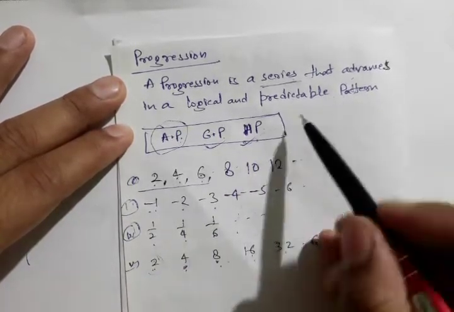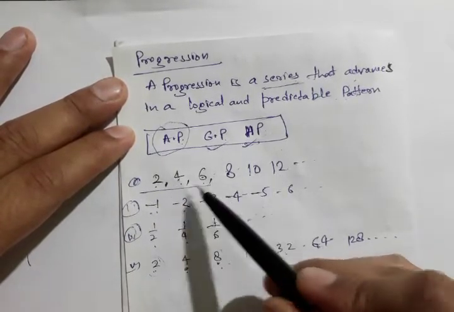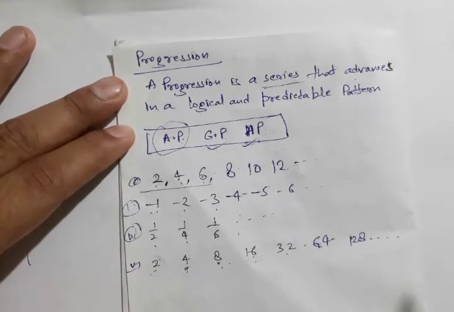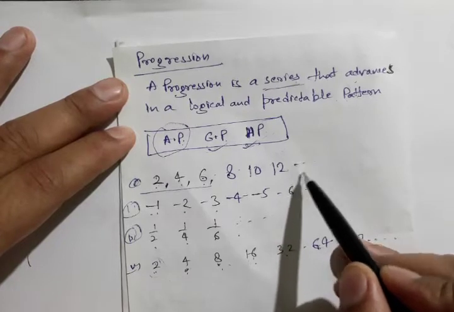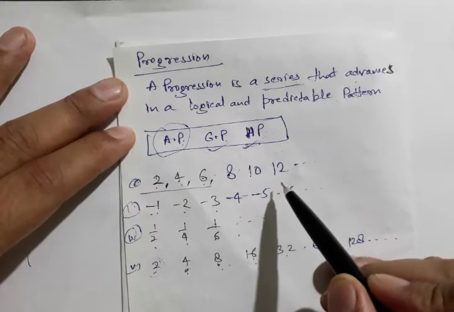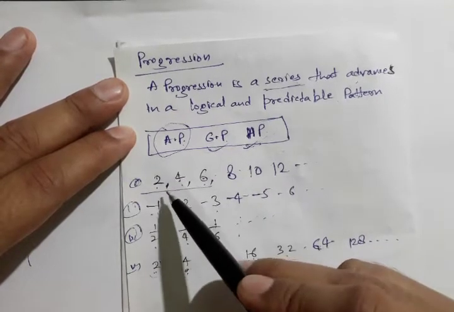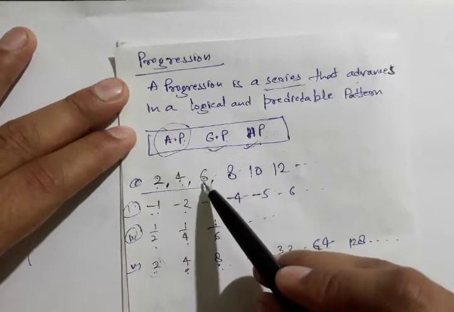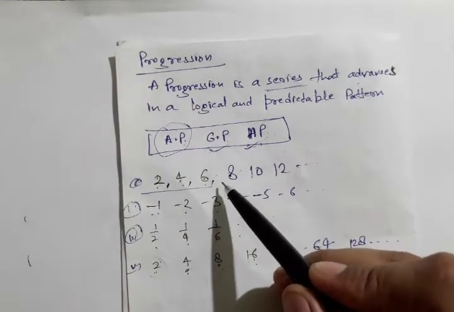There is a logic behind this sequence. The numbers in this sequence are in a particular order, and you have to predict the next term of this series. Can you predict the next term? Yes, this is very easy. The next term will be 14. How? Here we can see that we find each next term by adding a fixed number to the preceding term.